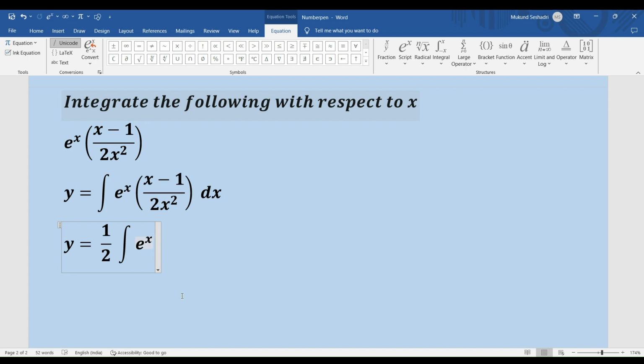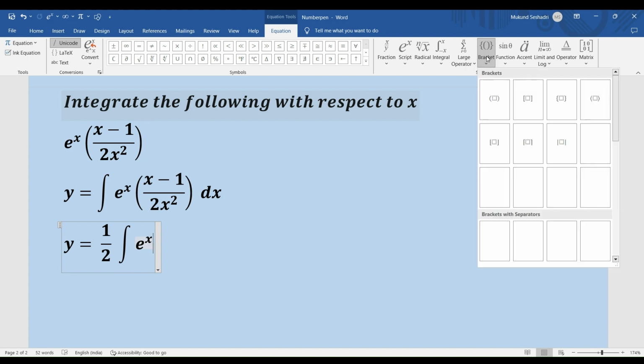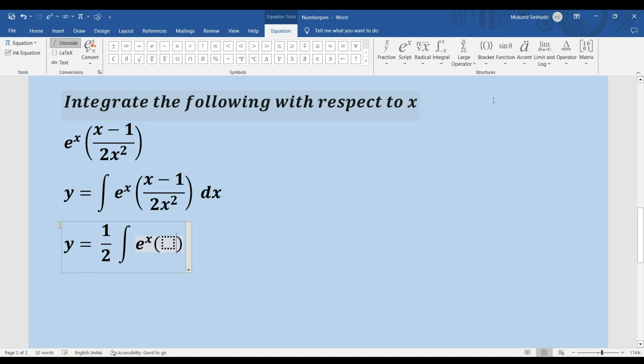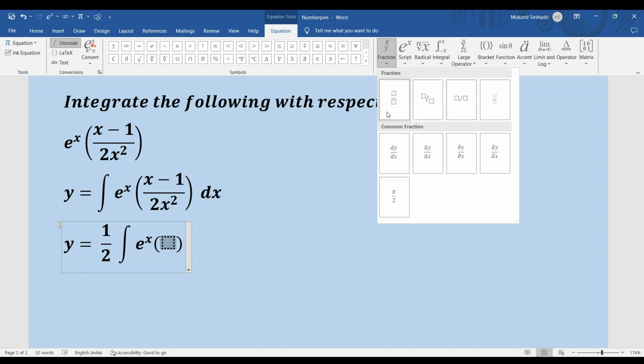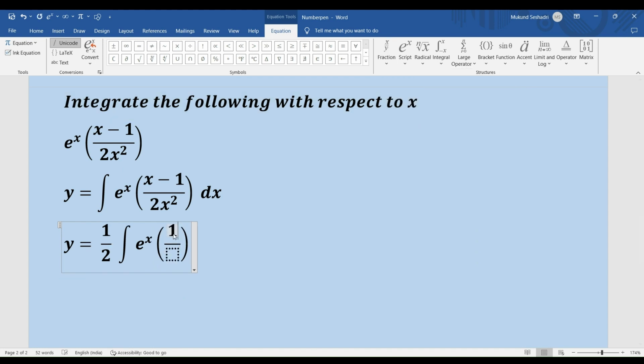And when I decompose that, what do I get? And I'll still retain it within the bracket. I will get an x by x square, which is nothing but a 1 by x, right? Minus 1 by x square. So now you see the y that I have post decomposition can be rewritten as half of the integral of e to the power x times 1 by x minus 1 by x square times dx, right?